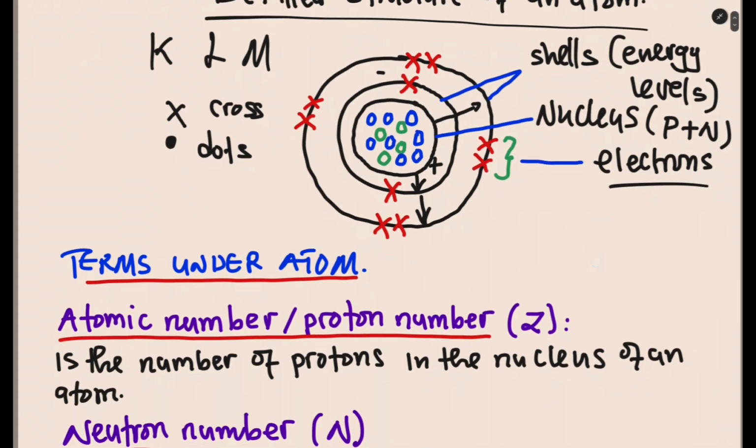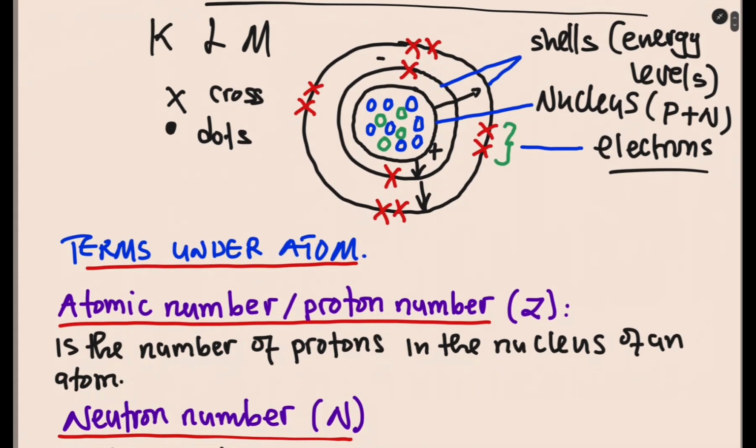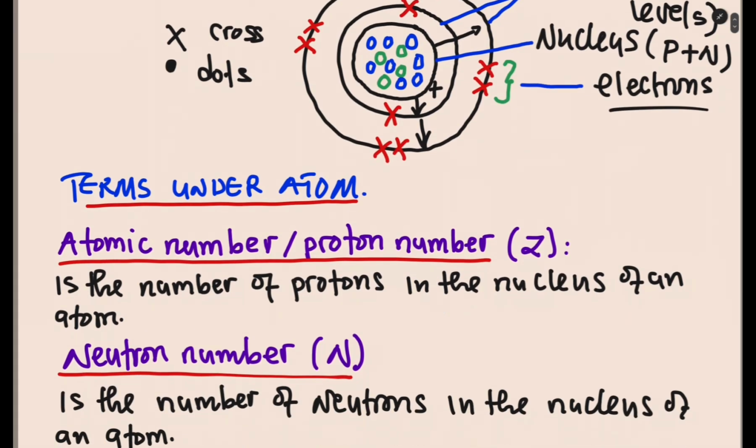Let us have a look at the terms that we are going to encounter as we study an atom. Some of the terms that we need to familiarize ourselves with, one is atomic number. Atomic number is also called the proton number.